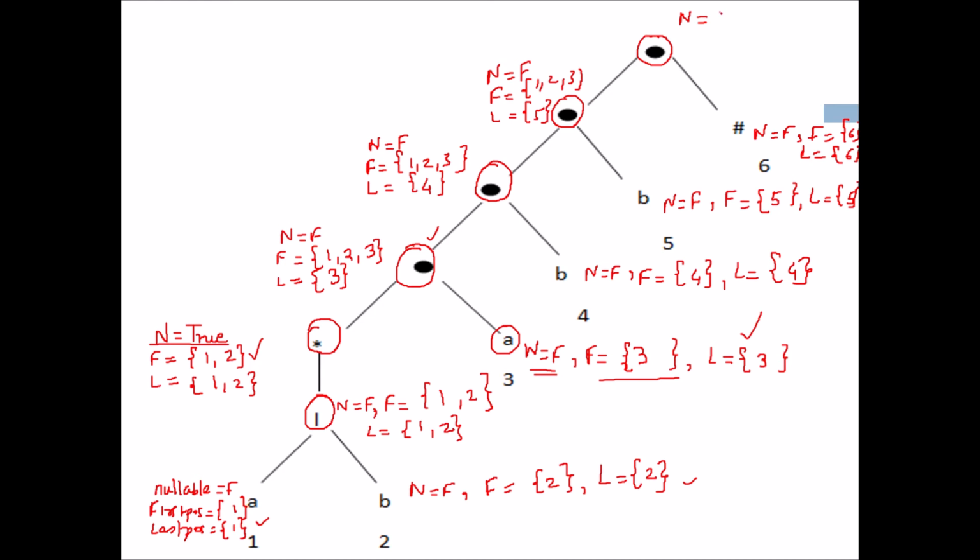And for the root node, we have the first pos value as 1, 2, 3, and last pos value as 6. So these will be the values of first pos, last pos and nullable attached as annotations to the tree.